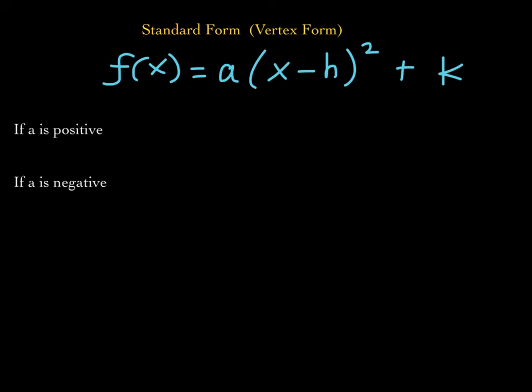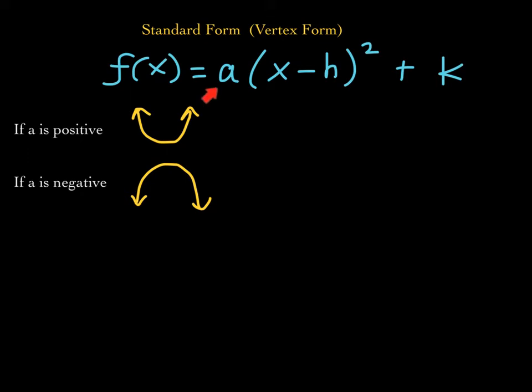Now, a is considered to be the leading coefficient. If that leading coefficient is positive, that means the direction of your parabola is upwards. If the leading coefficient a is negative, then the direction of your parabola is downward. So it's relatively easy to determine the direction of your parabola. All you got to do is look at the leading coefficient.